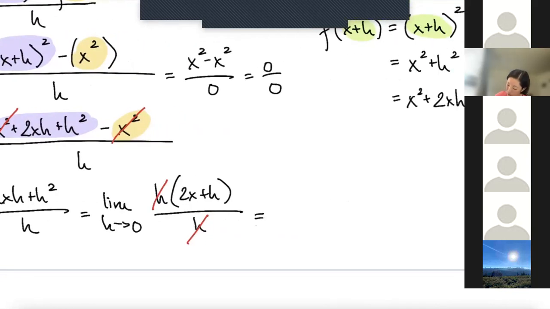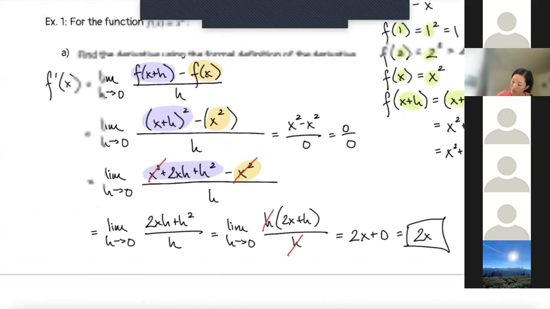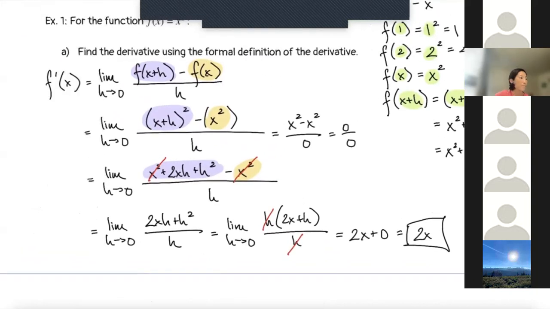I plug in 0, I'm going to get 2x plus 0, and I'm going to end up with 2x. Okay.